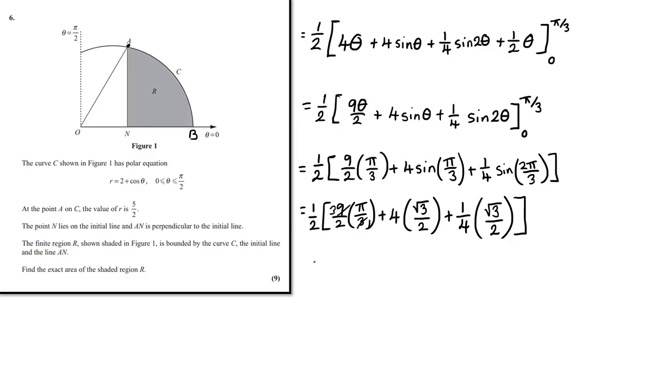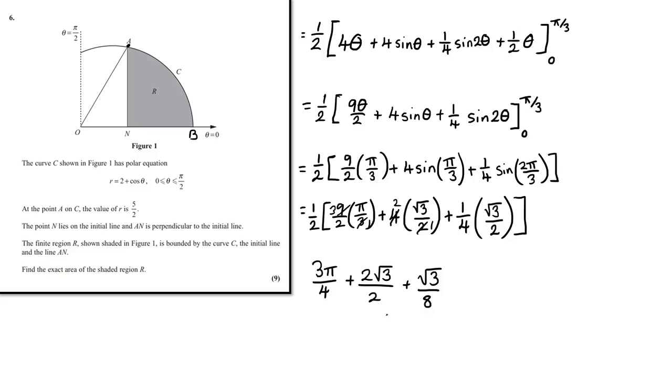So that gives me 3 pi over 4. This 4 and this 2, that becomes 2. That becomes 1. So I get 2 root 3. And then we divide it by 2. So that's 2 root 3 over 2. And then here, I'm going to get root 3 over 8. So plus root 3 over 8.